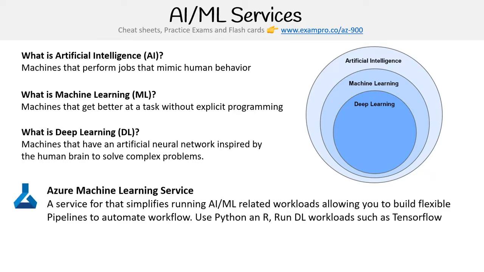So when we want to do machine learning on Azure, they have a service called Azure Machine Learning Service. So this is a service that simplifies running AI, ML-related workloads, allowing you to build flexible pipelines to automate workflows. So you can use Python and R. You can run your deep learning workloads using technologies such as TensorFlow. And so that's what you'd use.